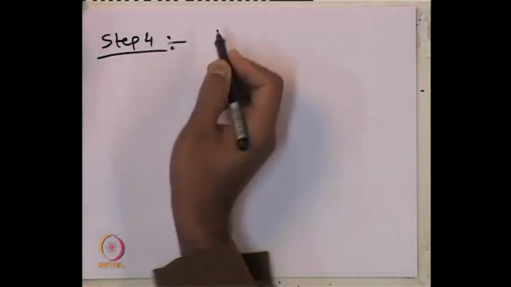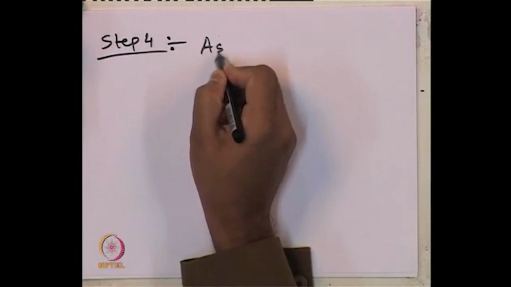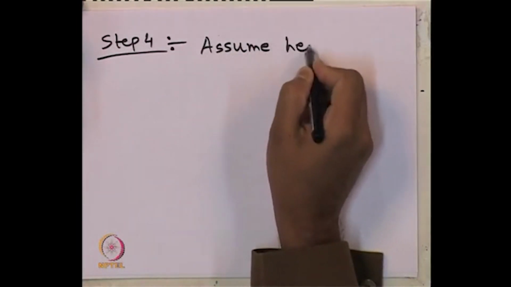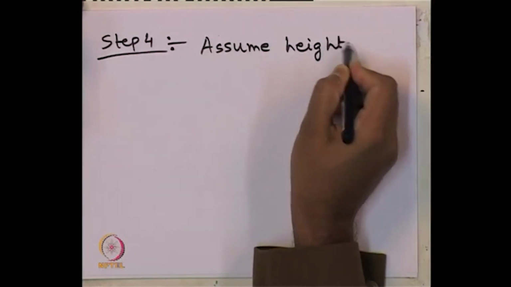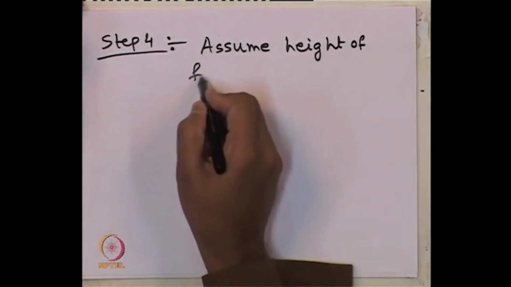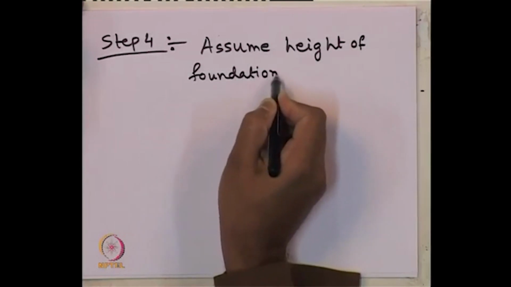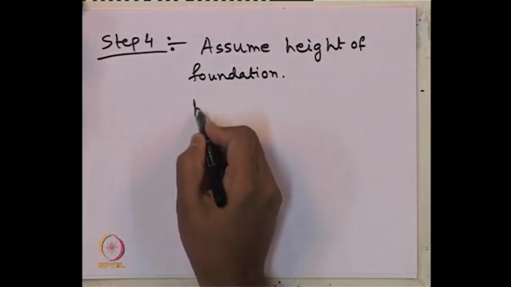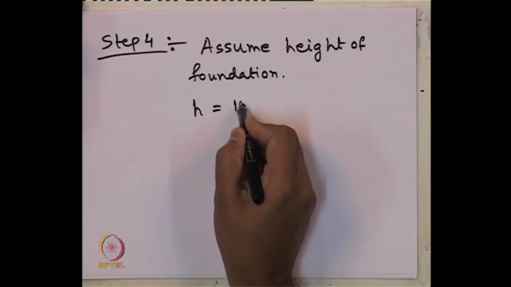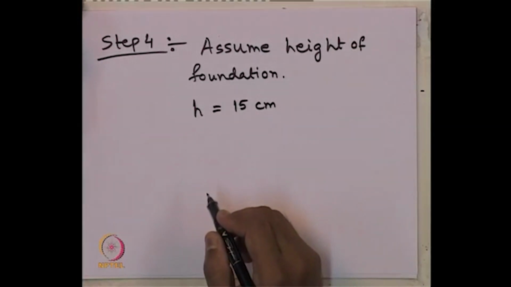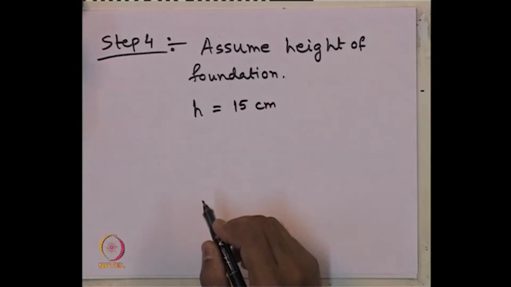Step 4, it says assume height of foundation. So, let us assume height is the minimum thickness of the foundation, what the guideline says, 15 centimeter.